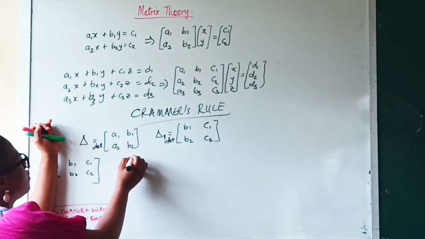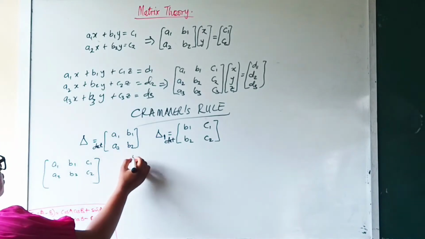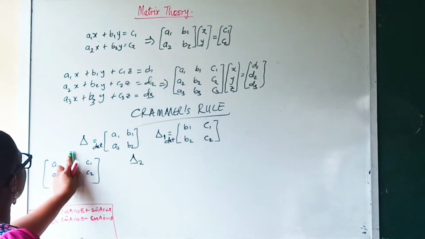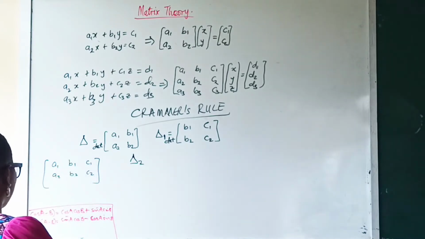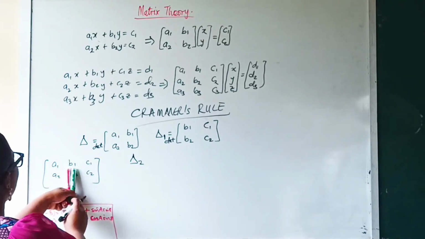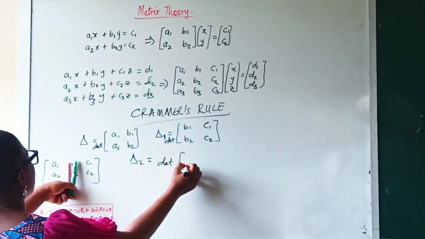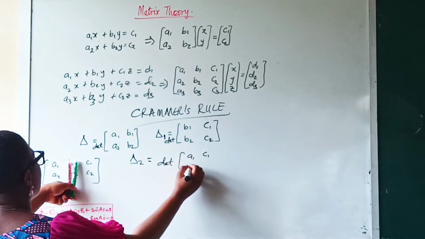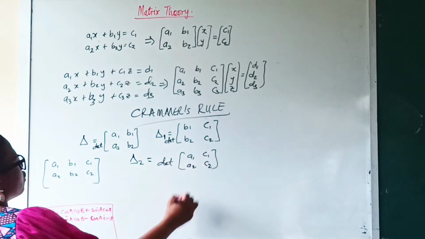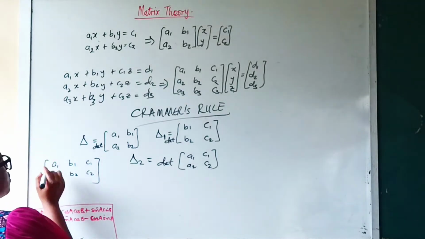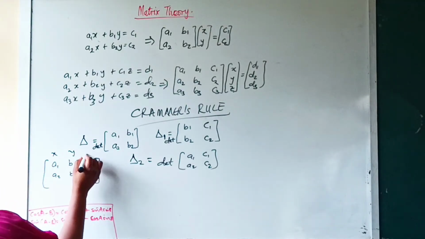The last one, delta 2, is equivalent to closing this column, so you have the determinant of A1, C1, A2, C2. You should never forget it: you close the first column, which is usually X, then Y, and then the answer.